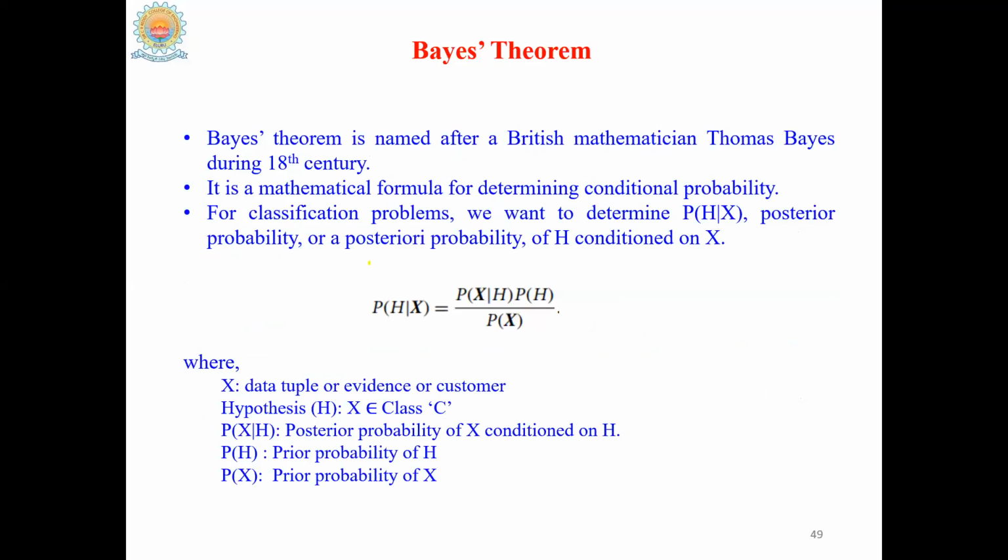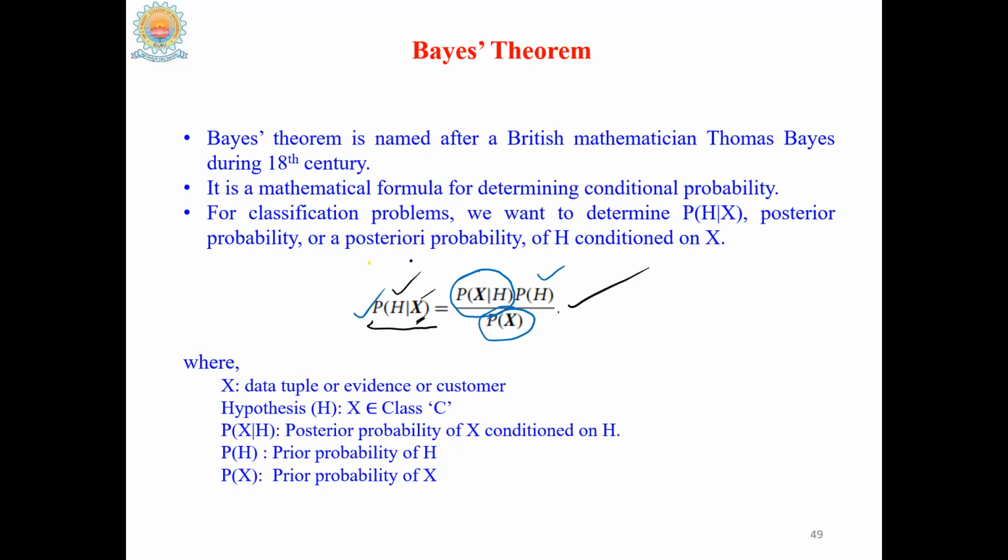For classification problems, we want to determine the posterior probability P(H|X), the probability of H conditioned on X. It is given as P(H|X) = P(X|H) P(H) / P(X). Here, P(H|X) is the posterior probability of H given X, where H is the hypothesis and X is the observation. P(X|H) is the posterior probability of X given H, P(H) is the prior probability of H, and P(X) is the prior probability of X. Just know the terminology.